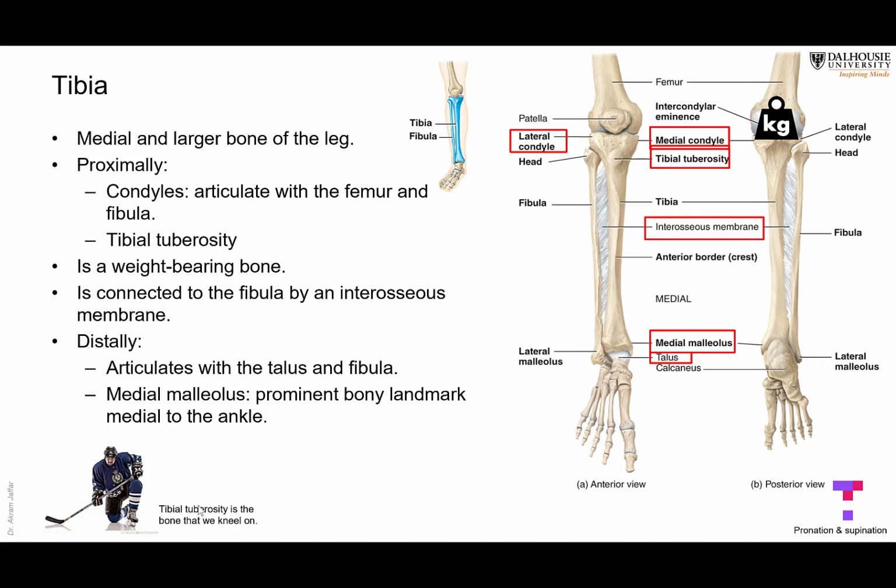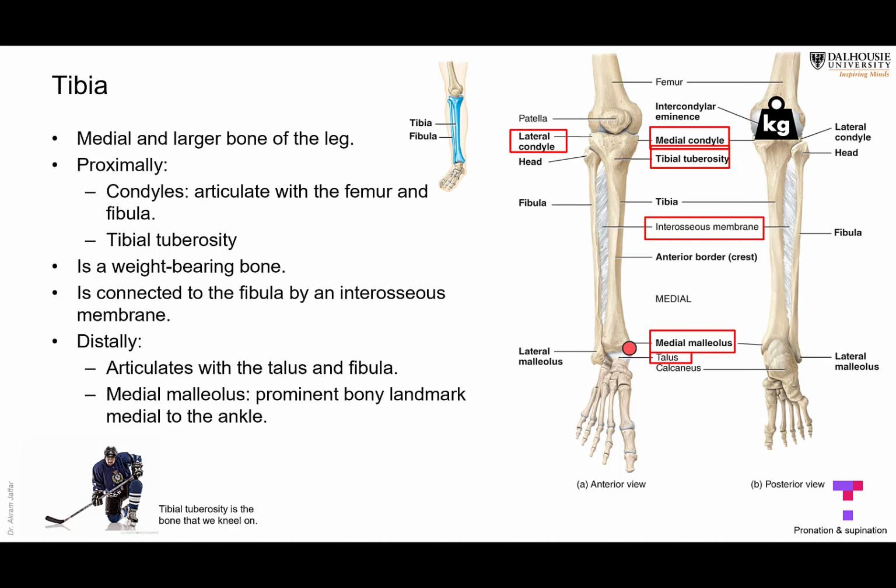And like the radius and ulna in the forearm, the tibia and fibula are connected to each other by another interosseous membrane. But in addition to that, they are also connected by joints. So we have a proximal tibiofibular joint and a distal tibiofibular joint.